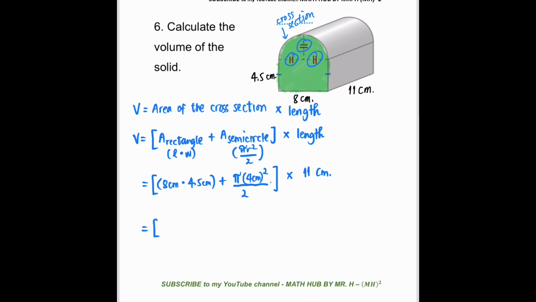So we simplify first what's inside the bracket. 8 centimeters times 4.5 centimeters is going to give us 36 centimeters squared, plus 4 squared is 16, divided by 2, it's 8. So it's going to be 8 pi centimeters squared. You also need to square the unit, so centimeter became centimeter squared. Then times 11.